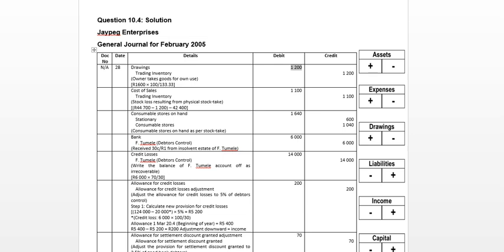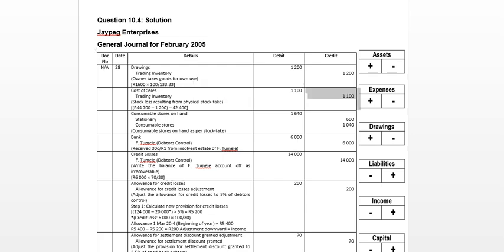So if we say 44,700 Rand less 1,200 Rand, then we know that our inventory balance, according to our trial balance, is 43,500 Rand. But we did a physical stock take, so we counted all the inventory we have, and we only found it to be 42,400 Rand.